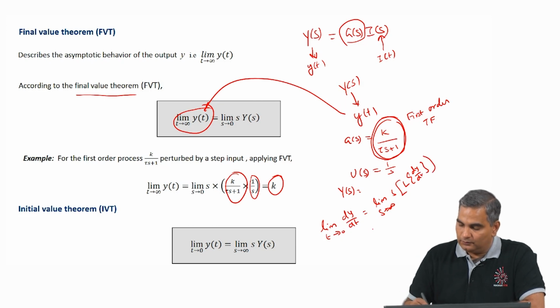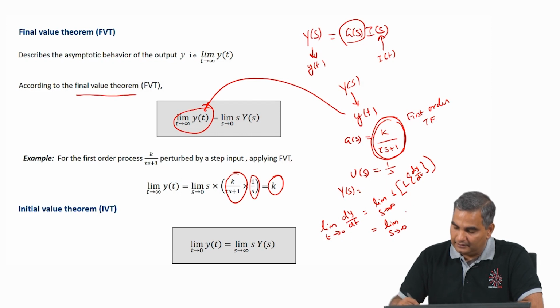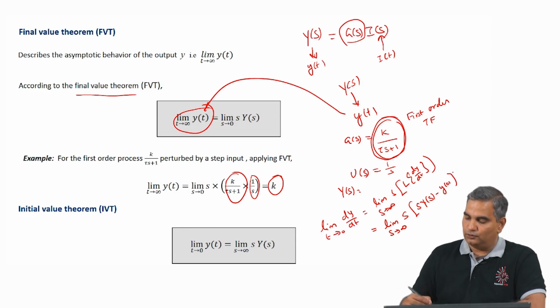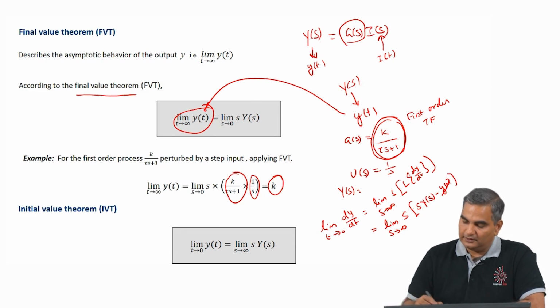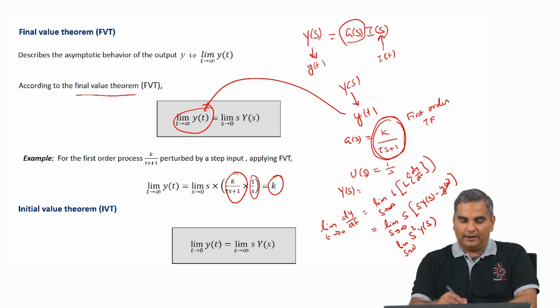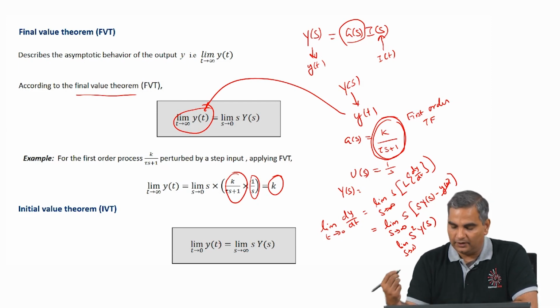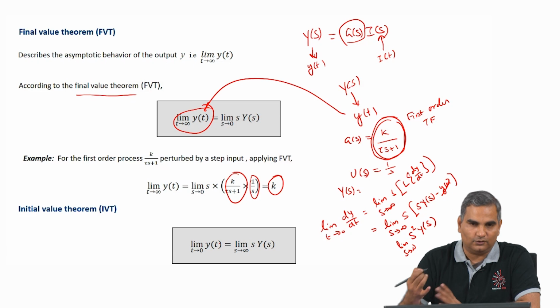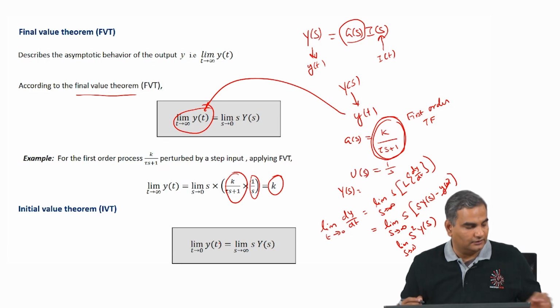Okay, we already know that Laplace of dy by dt is s y of s minus y of 0, and if you assume that y of 0 is 0, then this would be simply limit s tends to infinity s squared y of s. Okay. So you could apply these theorems for not only y of t, you can apply it for dy by dt, d squared y by dt squared, or any other function that you choose.